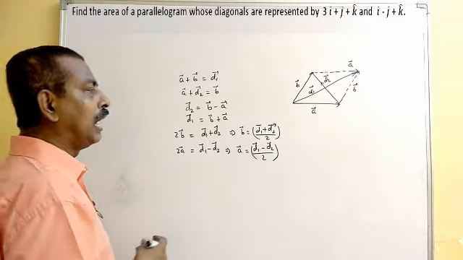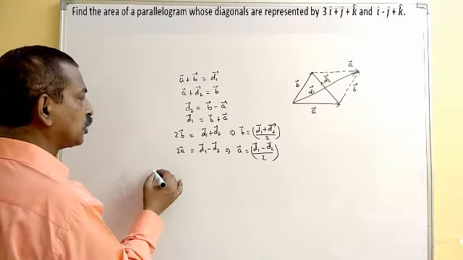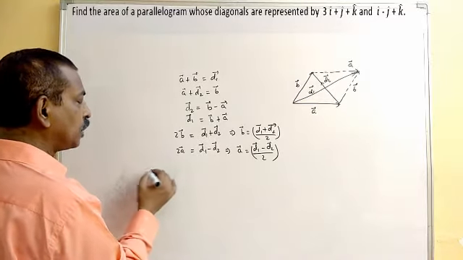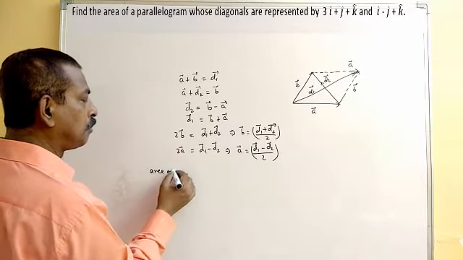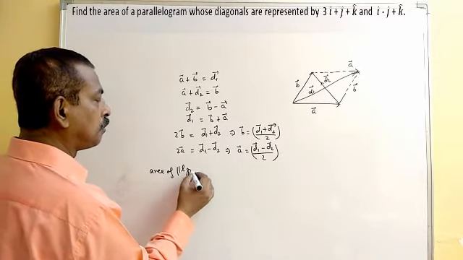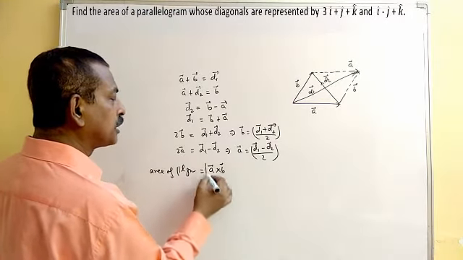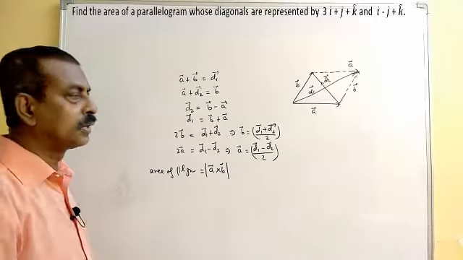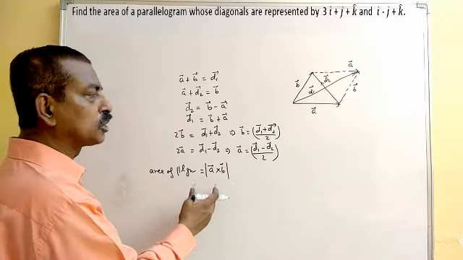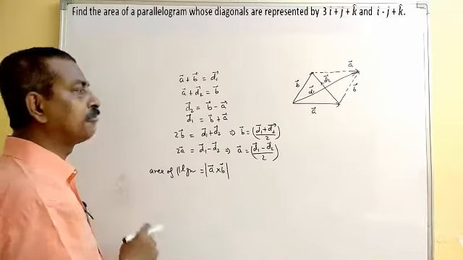Now, as you know, we have to take the cross product. So the area of the parallelogram is the magnitude of a cross b vector. First of all, we'll find the cross product and then simplify.